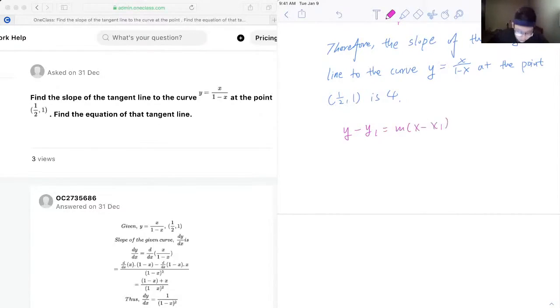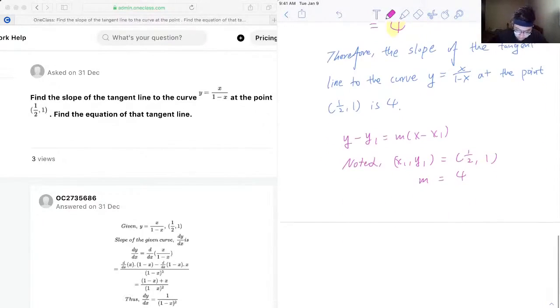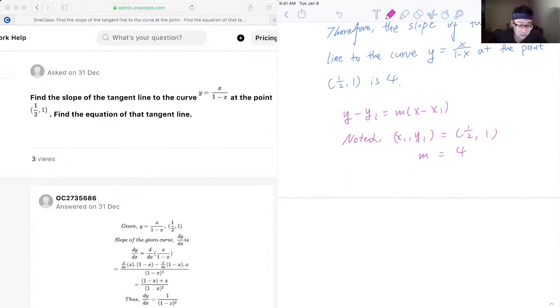Note that we're given the point (x1, y1) is just 1 over 2 and 1, and m is 4. That's what we have from the previous step. So now we just substitute those into our formula.